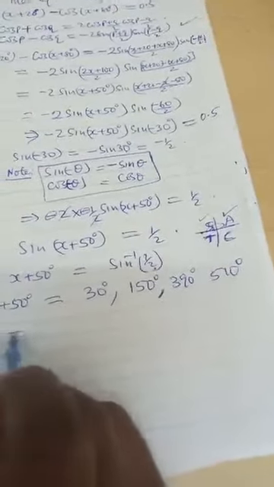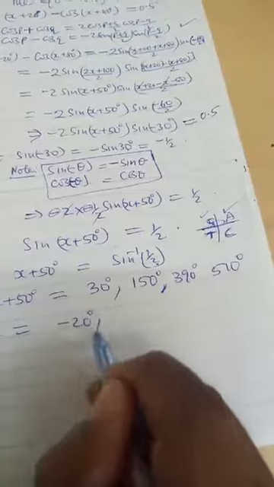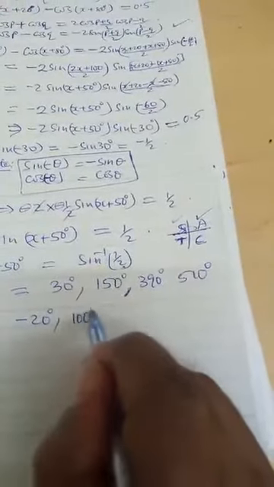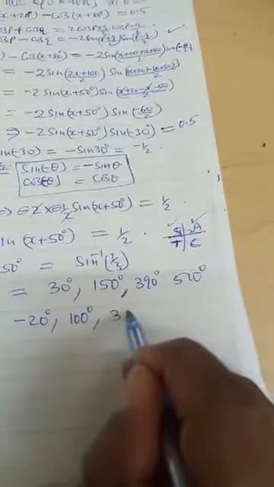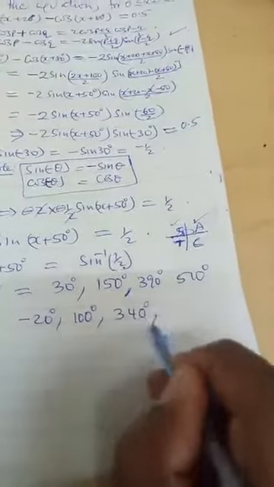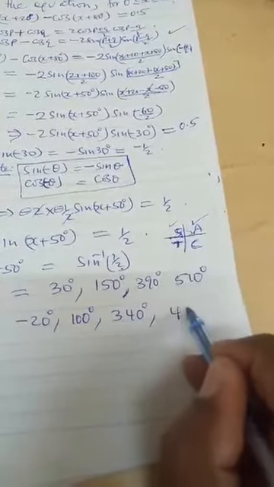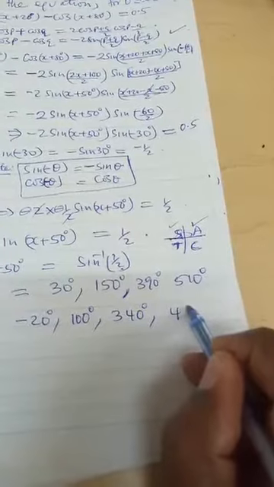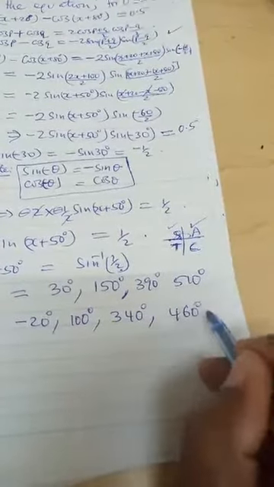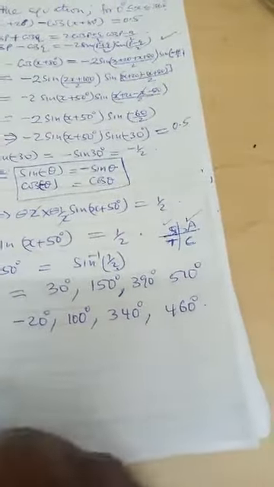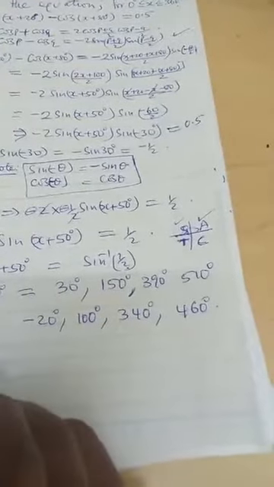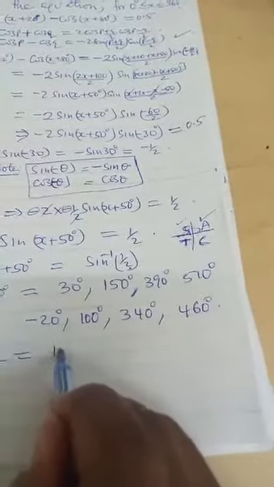So our x will give us negative 20 degrees, 100 degrees, 340 degrees, and it will give us 460 degrees.